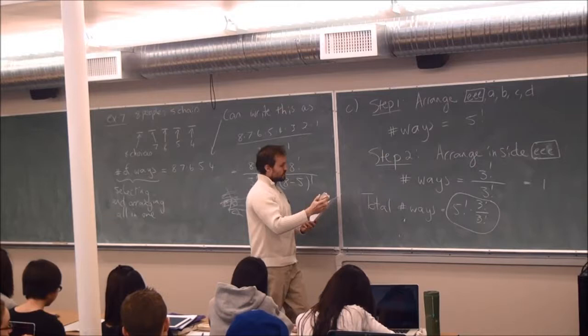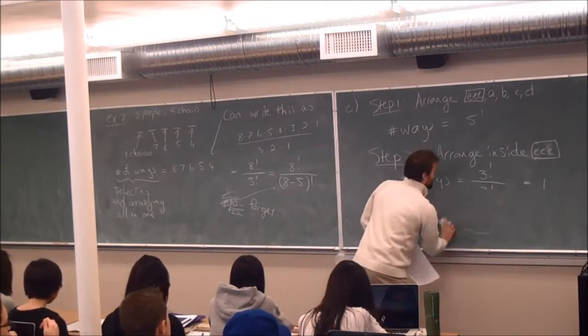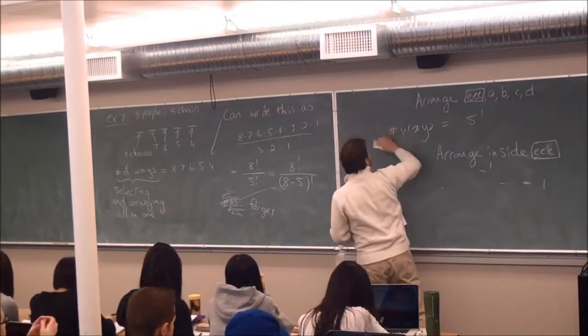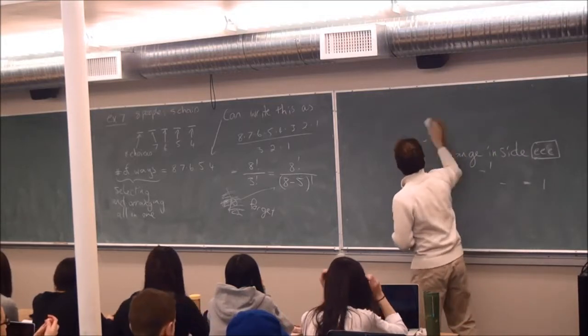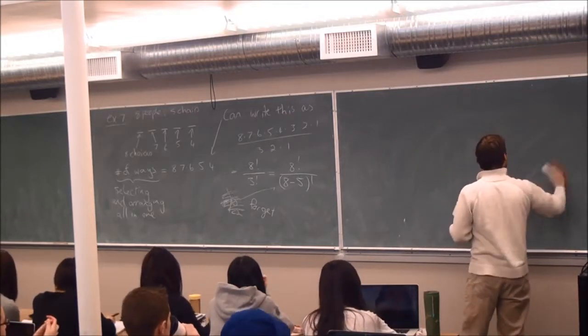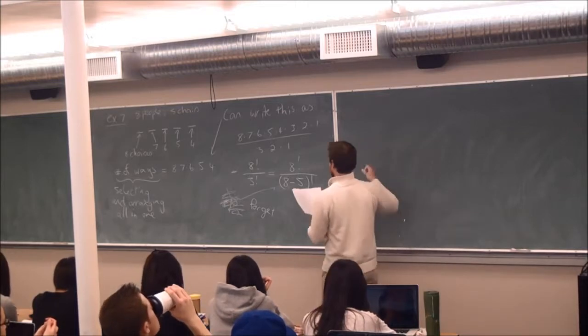Okay, so if I generalize this to a formula that you don't need to remember, I just want to write it on the board at some point. I'm never going to ask you to reproduce this.